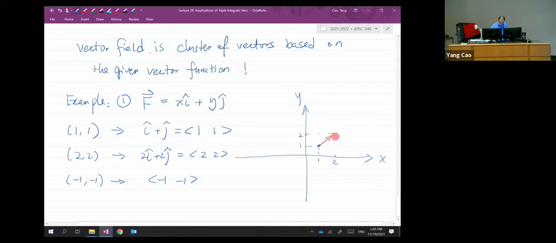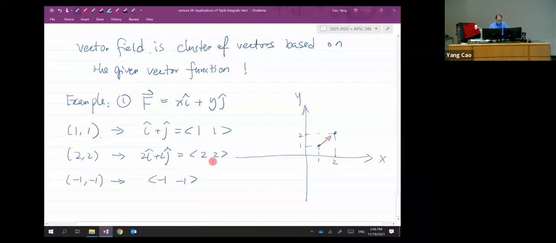you do exactly the same thing: you sketch a vector 2, 2 and attach it to the location 2, 2. But this time, a precision drawing does not necessarily have to be that precise. The vector 2, 2 must be what? Longer than 1, 1.